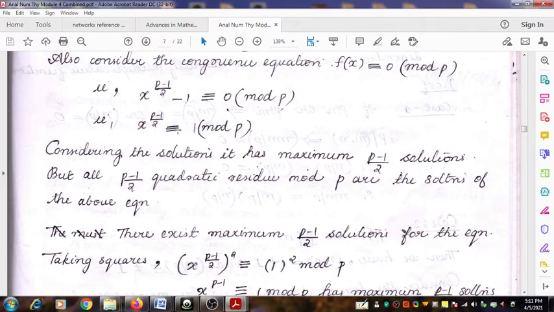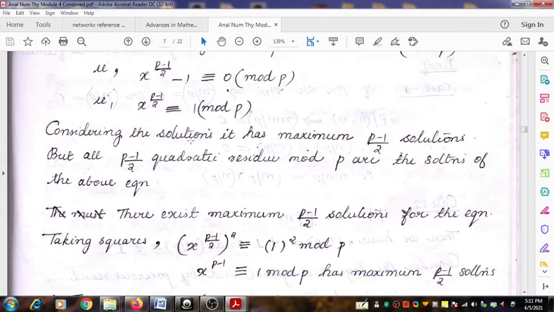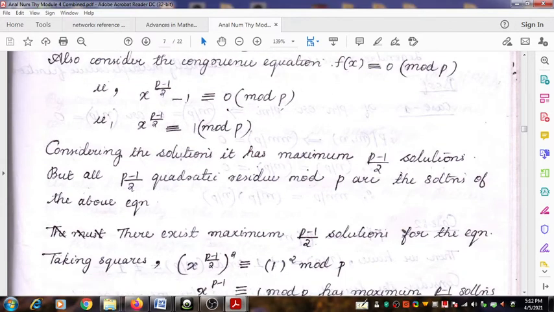You get that x^((p-1)/2) is not congruent to 1 mod p. That is the important point we want to note at this moment.